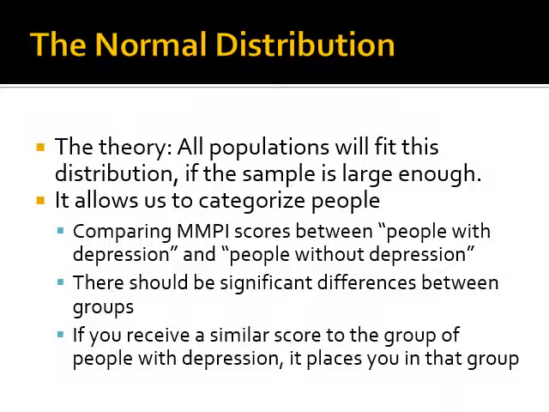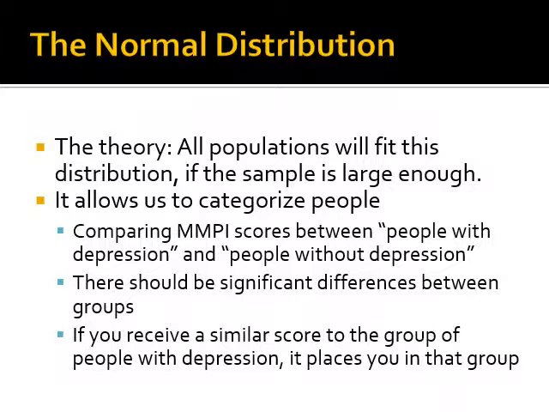With the MMPI, there should be significant differences found between groups. In other words, it would be unlikely by chance for someone who had depression to be in the wrong group. So, for example, to be in the non-depressed group.